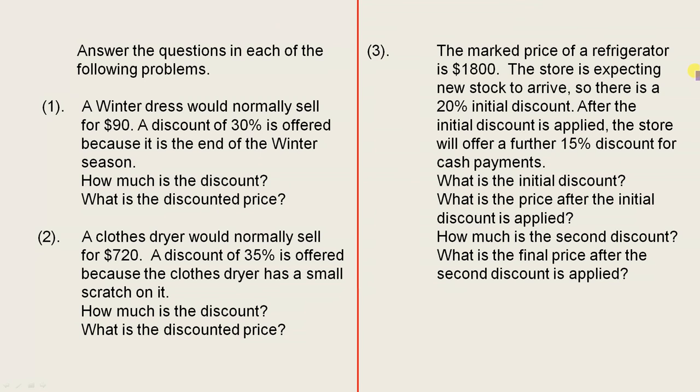We have to answer 4 questions. What is the initial discount? What is the price after the initial discount is applied? How much is the second discount? And what is the final price after the second discount is applied?